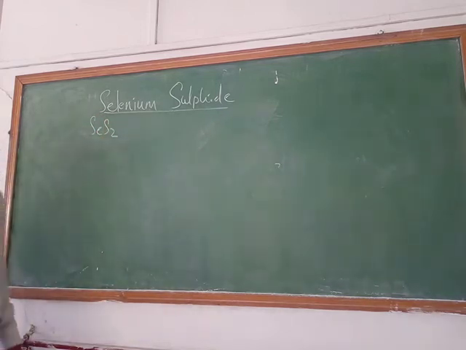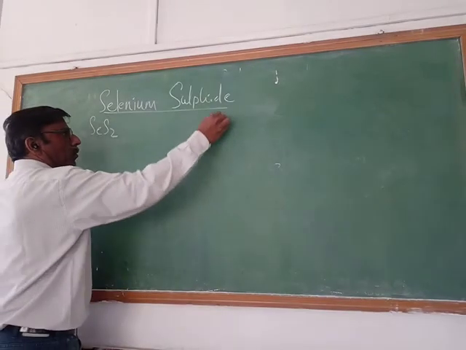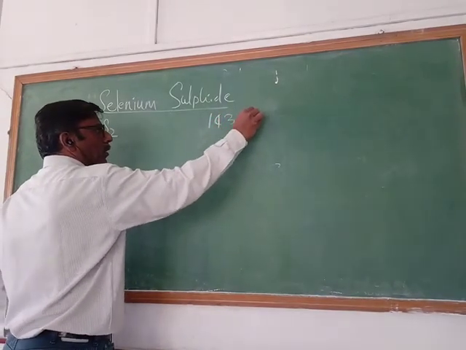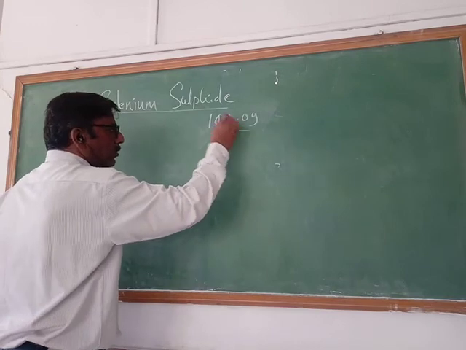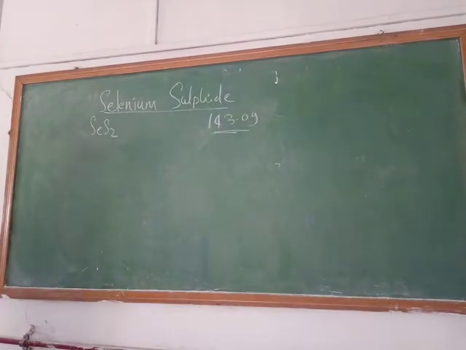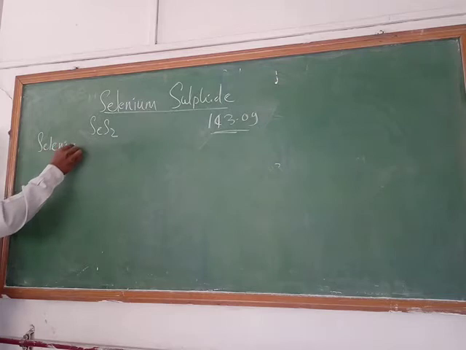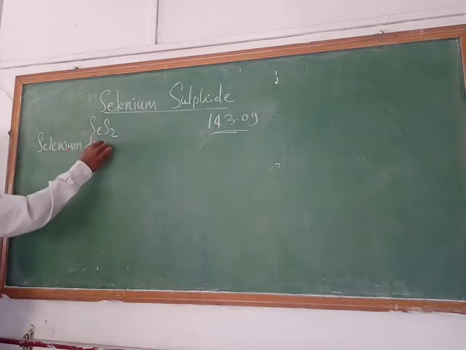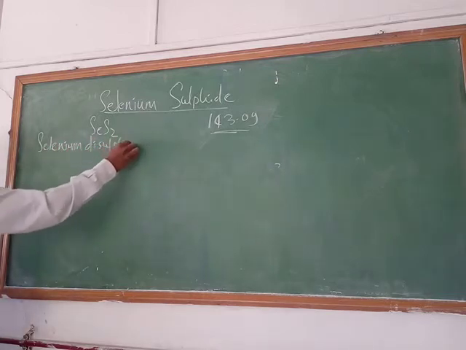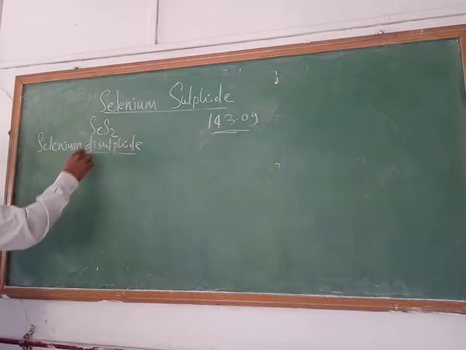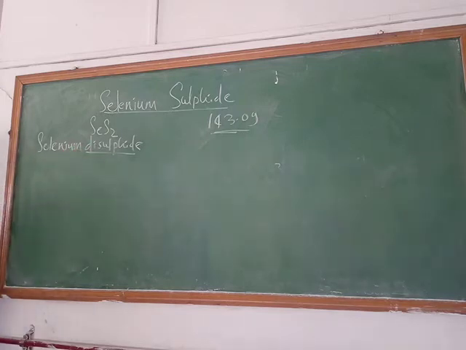Molecular weight, that is 143.09. आप सिर्फ 143 लिखोगे तो भी चलेगा, कोई दिक्कत नहीं. Synonym, I am saying selenium disulfide. Di means two, so here sulfur with two molecules. That's why I am saying disulfide.